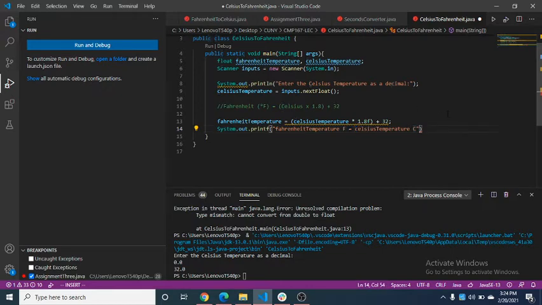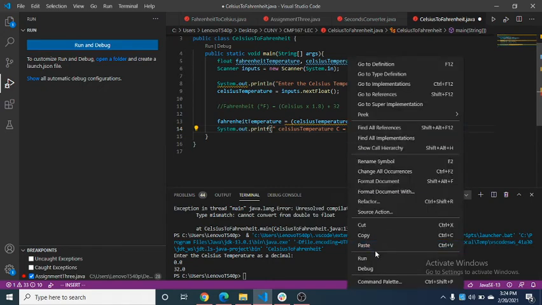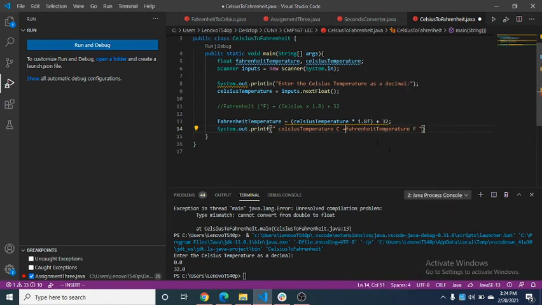We're going to go Celsius temperature is equal to Fahrenheit. And we're not going to use these.